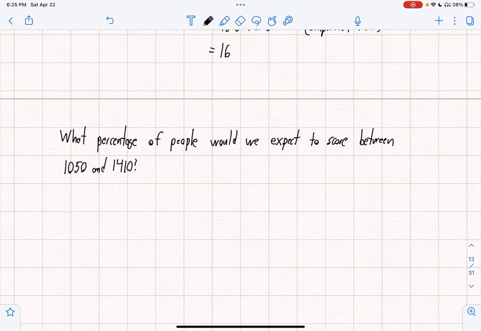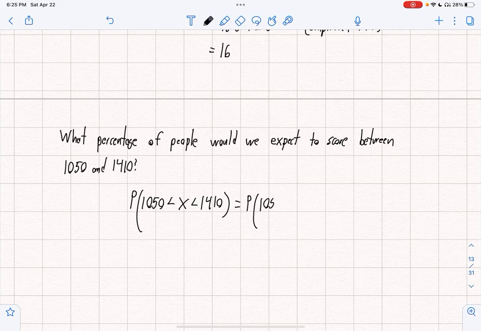So we would say the probability that someone scored between 1050 and 1410 would be the same as the probability of 1050 minus 1050 over 180 less than z less than 1410 minus 1050 over 180.